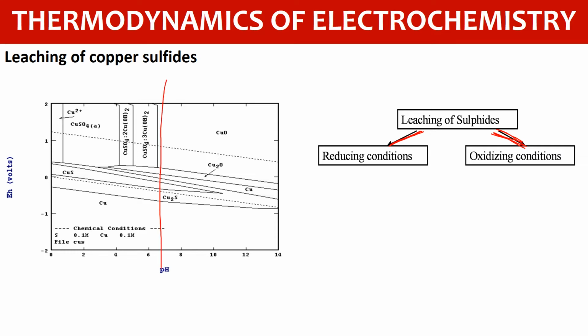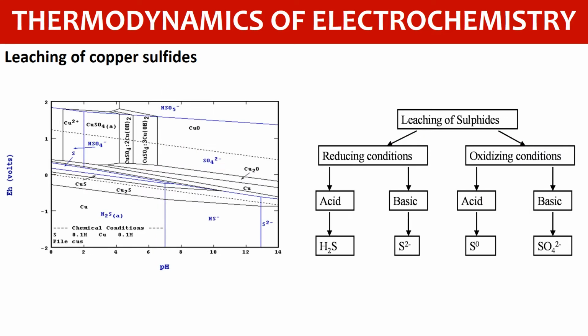Let's divide this diagram like this. We know what these regions are: oxidizing, reducing conditions, basic, and acidic conditions. So in reducing conditions, this is below. For your memory, what is it?